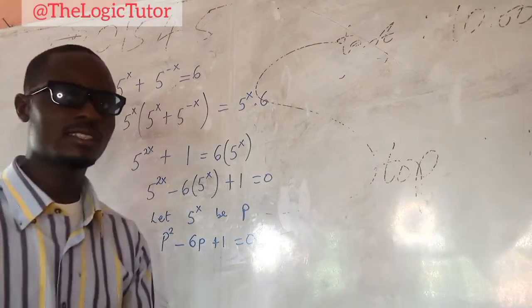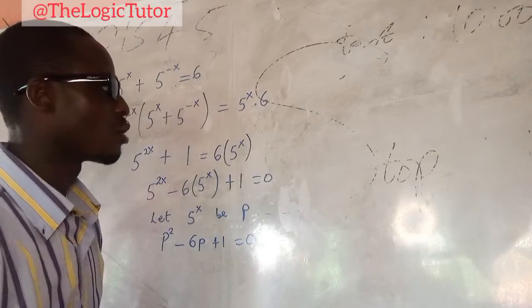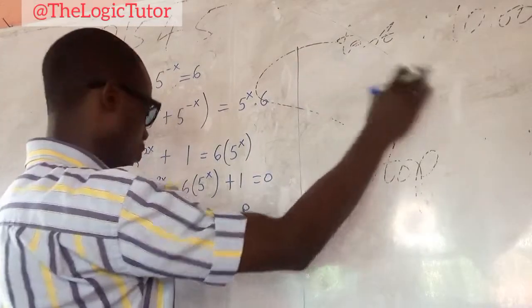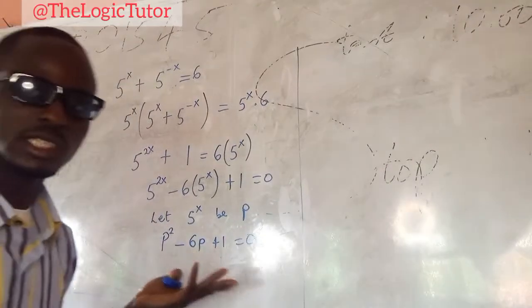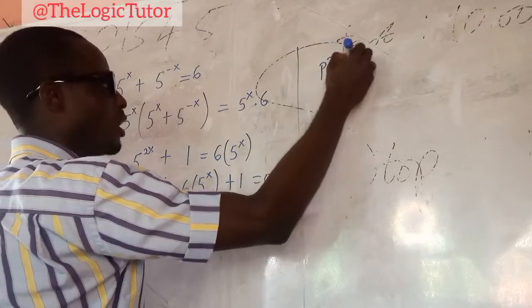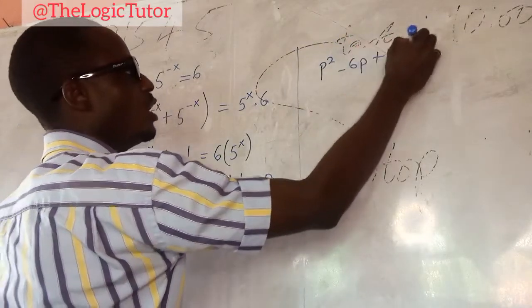To solve that quadratic equation, you can decide to use the quadratic formula if this seems unfactorizable. So I have p squared minus 6p plus 1 equals 0.